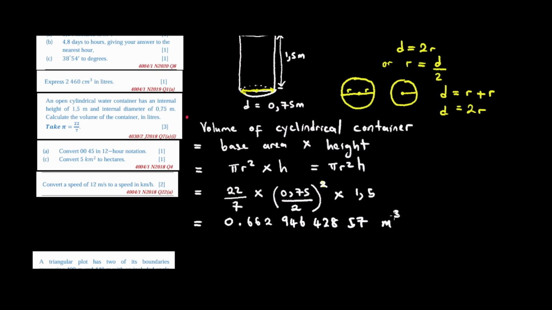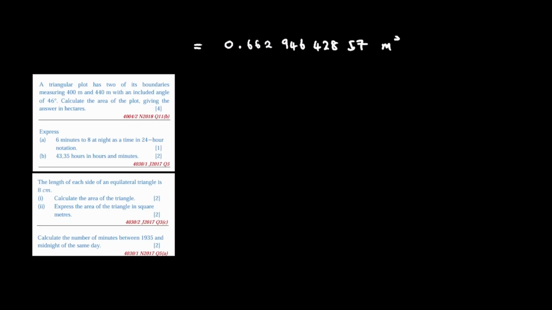So we already know, of course, kuti from our previous worked question, 1 liter is equivalent to 1000 cubic centimeters.